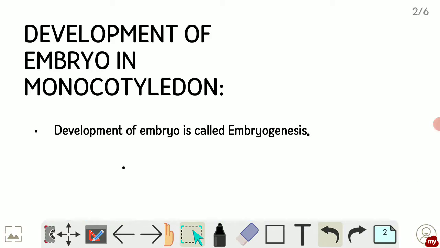We all know that the development of the embryo is called embryogenesis, and I also discussed in the previous class that the development of the embryo is called embryogenesis.